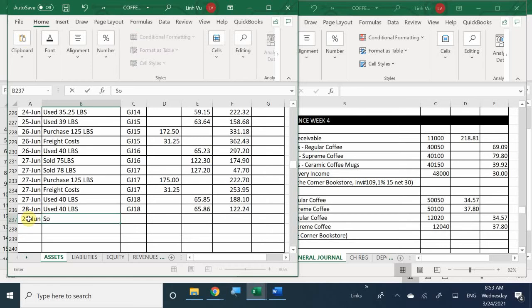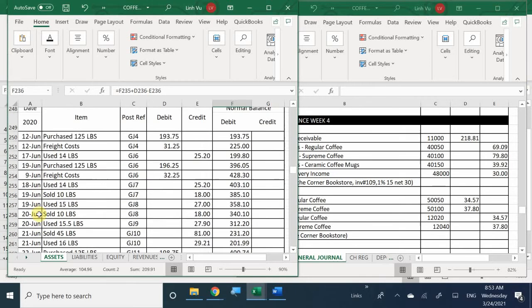We sold 21 pounds for 34.57. So what is going to be my total ending balance here? 87.67. Perfect. Which we know matches our inventory because we worked it out.